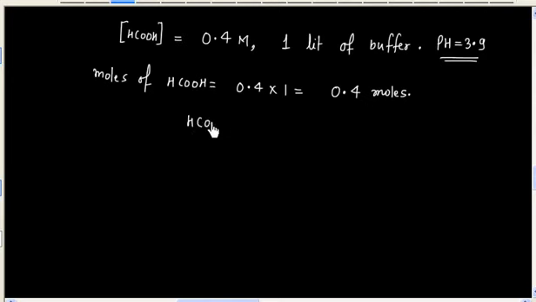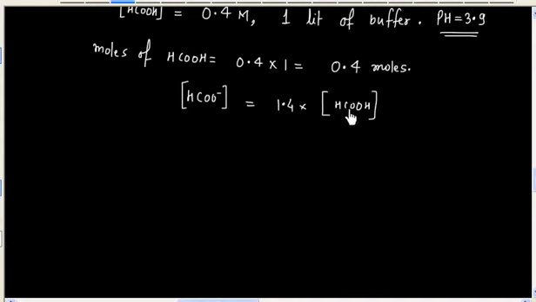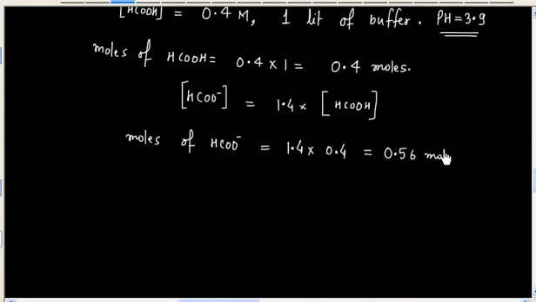Now moles of formate ion is 1.4 times moles of formic acid. So we can say moles of formate is 1.4 times 0.4. So this is 0.56 moles.